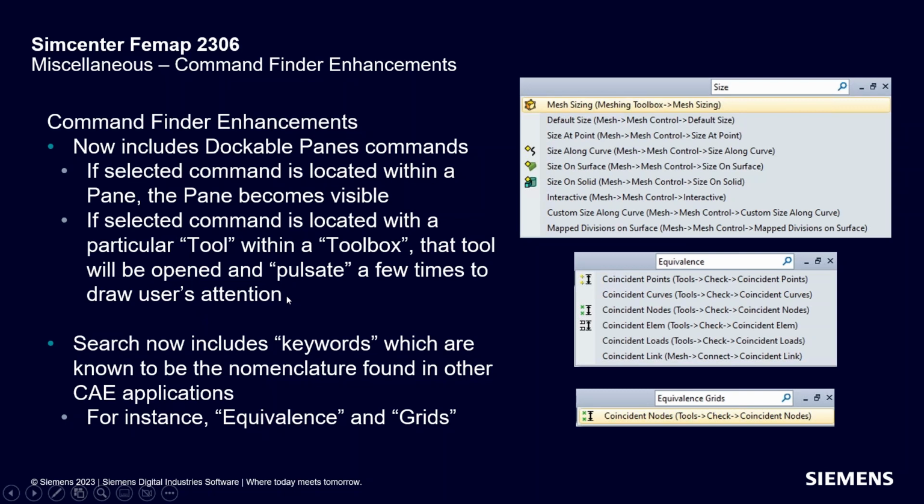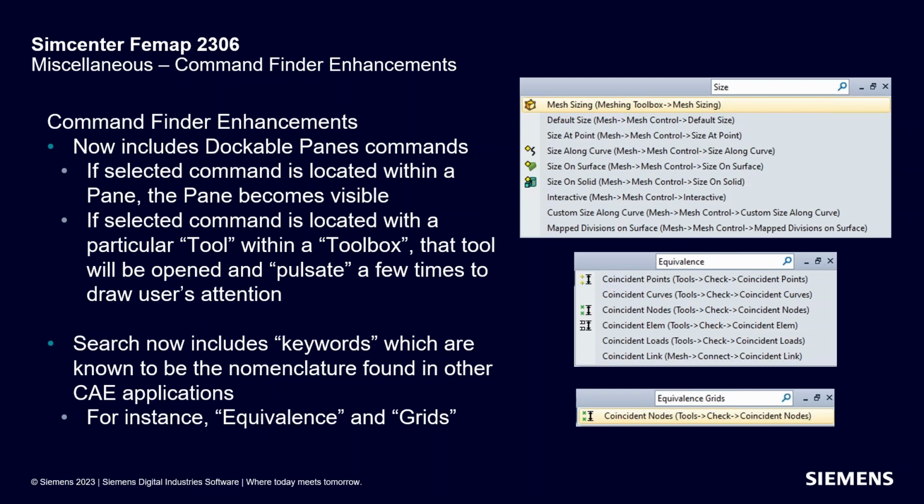I think NX does something similar, so they're kind of following that direction, but it basically saves you some time from having to follow this chain of commands. It'll just pull it right up for you. And then also they've expanded what I think of as the dictionary for the search tool.